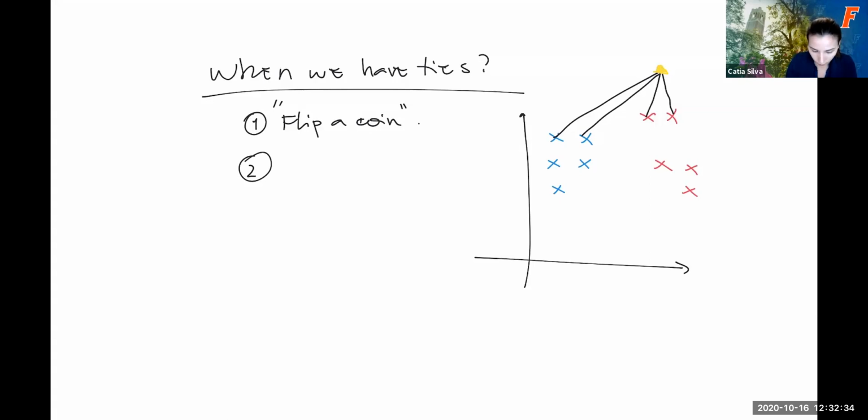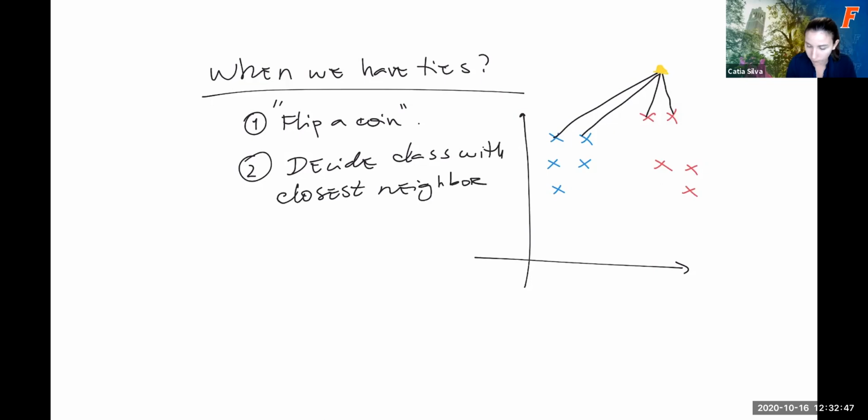And so in order to break a tie, we're going to decide the class with the closest neighbor. Okay, and then in this case, maybe this is the closest neighbor, and so that's going to be class 2.